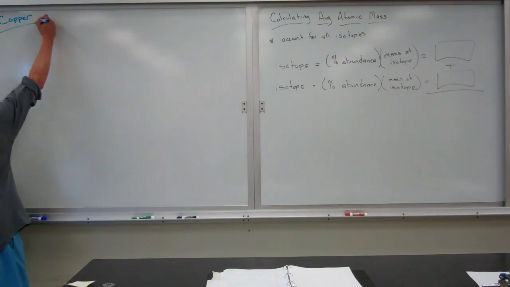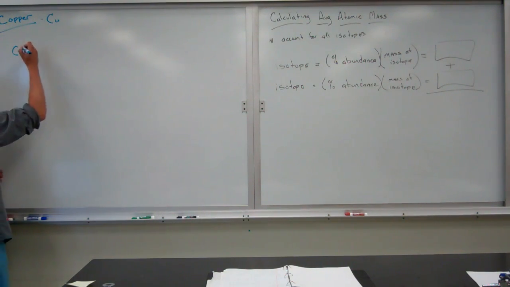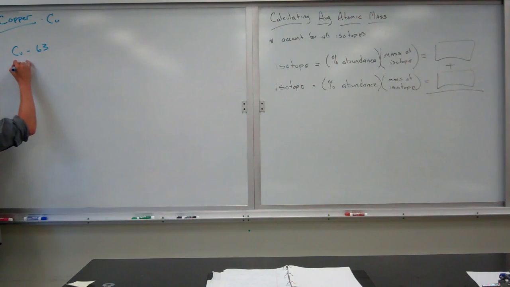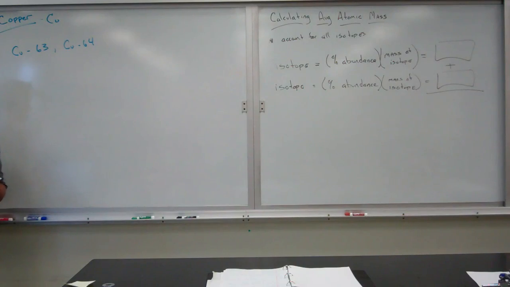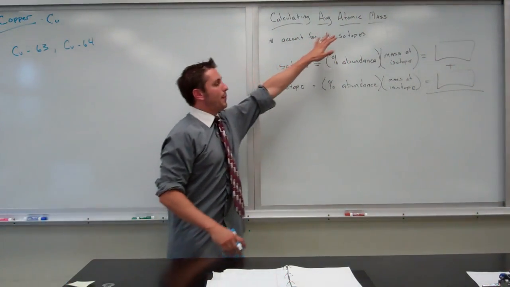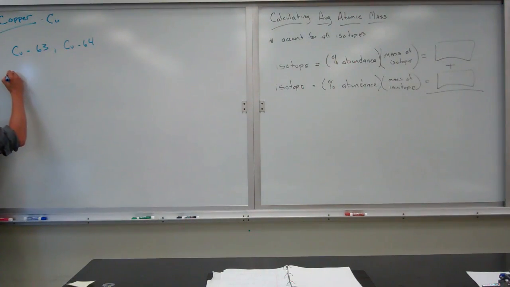Copper has two isotopes. It has Cu-63 and Cu-64. So if I want to calculate the average atomic mass of copper, I need to account for both of these isotopes.